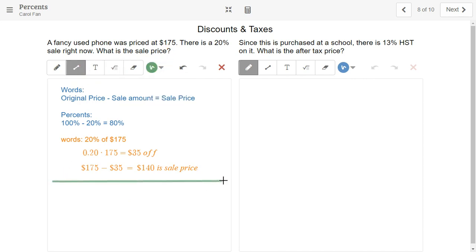A second way to do it is using our percents. Now we know that in the percent, we paid 100% if that was the regular price. But we're getting a 20% discount. So ultimately, we're only paying 80%. So if I found 80% of the original price, then I would know that that's what I paid.